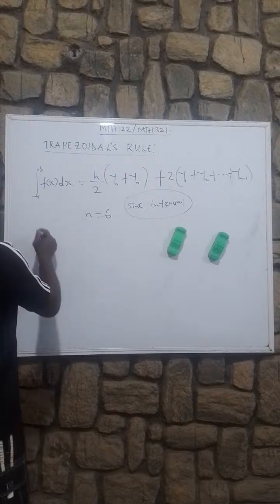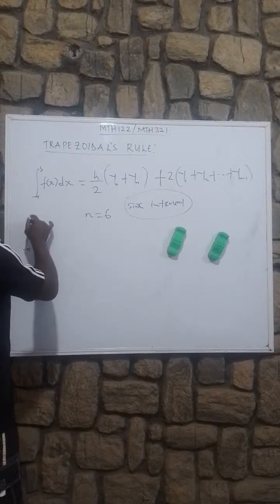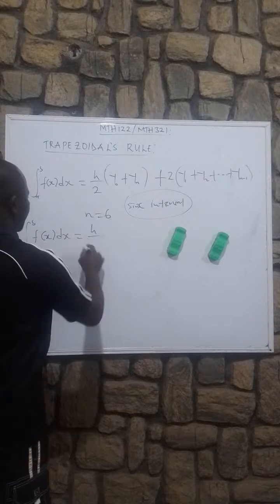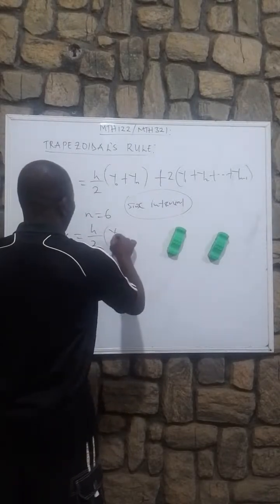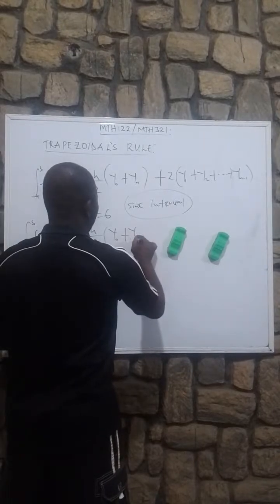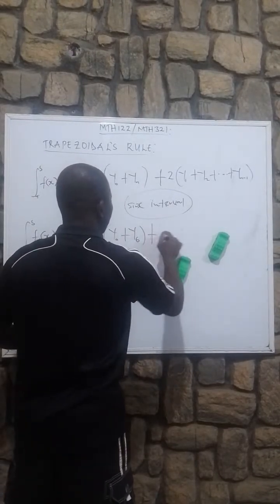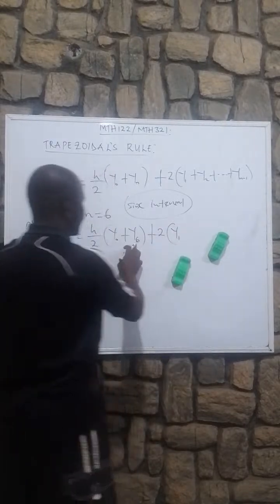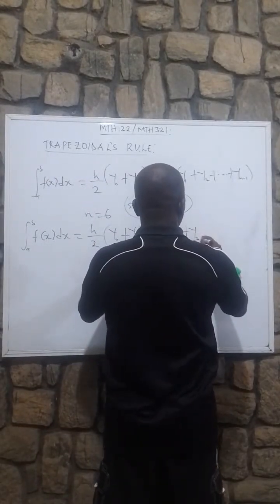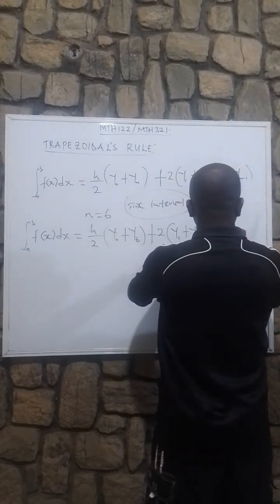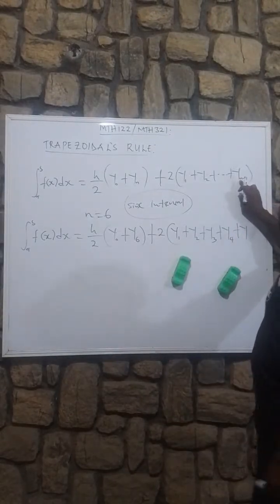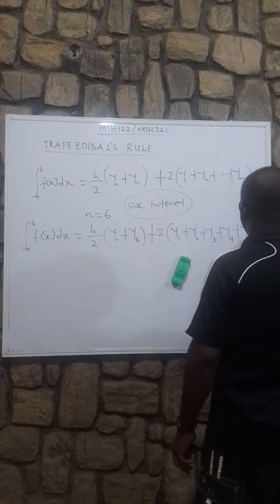So this implies that the integral from a to b of f of x dx will be h all over 2, open bracket, y naught plus, since our n is 6, y6, plus 2, open bracket, y1 plus y2 plus y3 plus y4 plus y5. Since 6 minus 1 is 5, y5 is where you are going to stop.